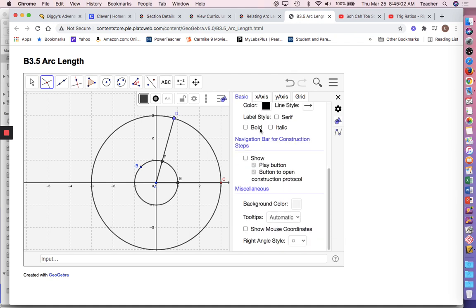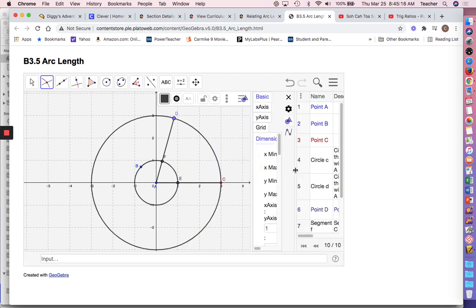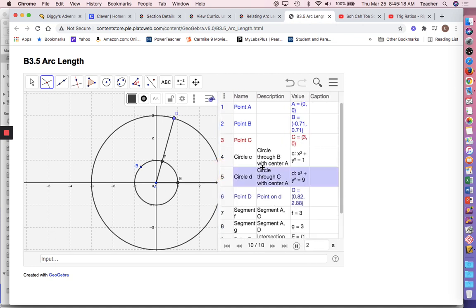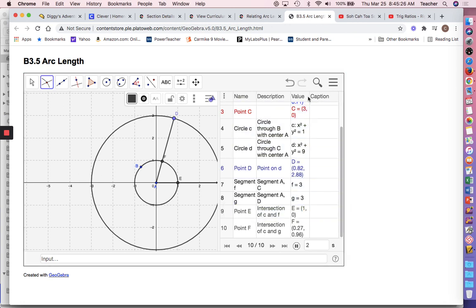I still need to know what that point there is. I can get E pretty well, it's just over 1, up 0. But F is a completely different issue. Look at the construction protocol and have it there. Oh, here it is. I can't see it very well, and I can't move it over.